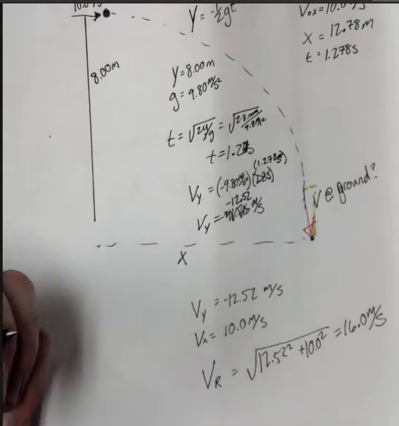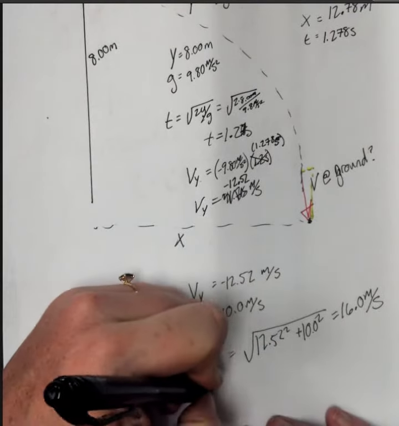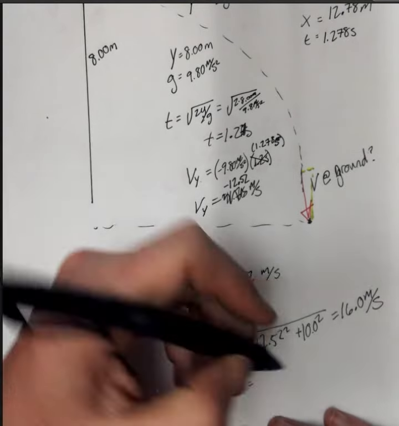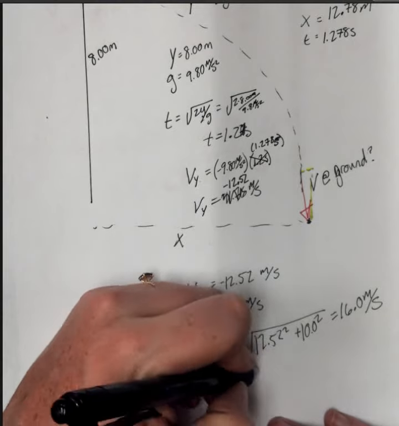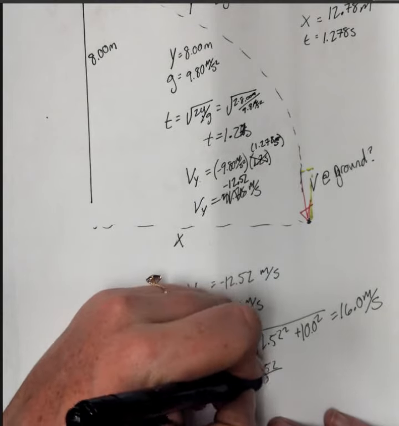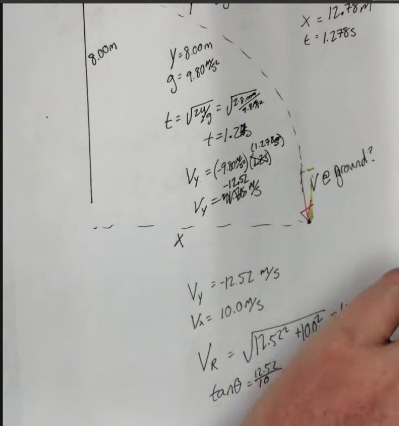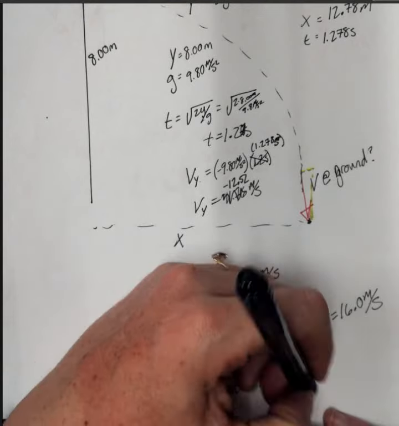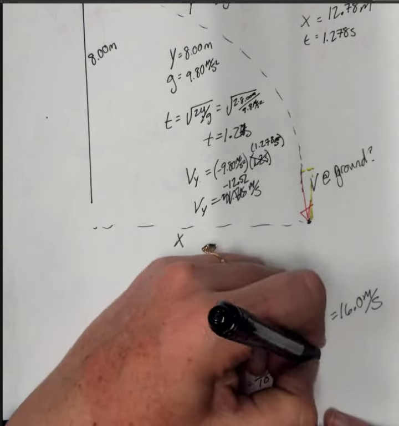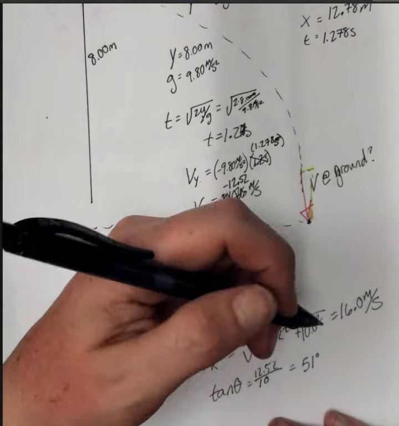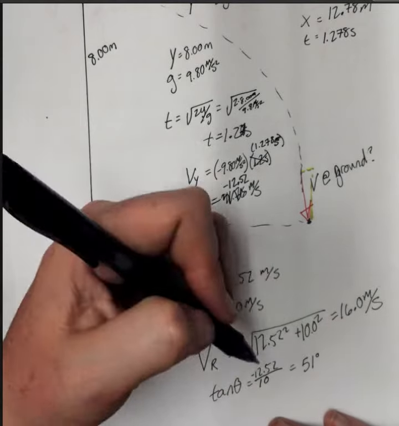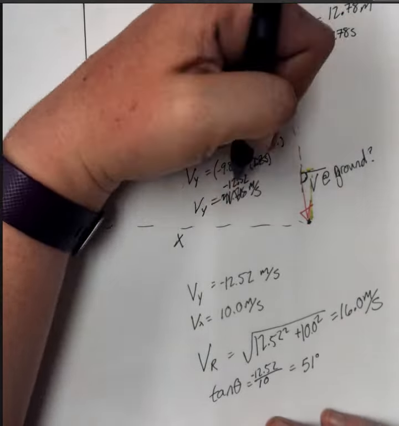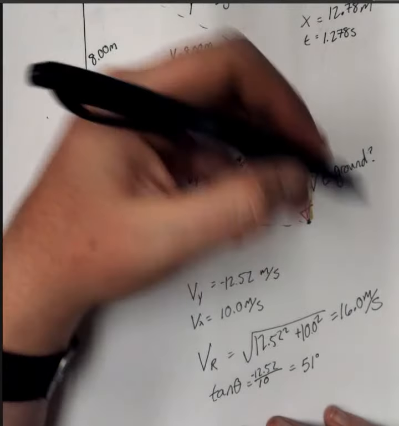And we need to know what that angle is. The angle is going to be tangent theta, and that's going to be Vy over Vx, or 12.52 over 10. And that's going to be 51 degrees, and that was a negative 12.52, so that means that 51 degrees is below the horizon, or down below that x position.